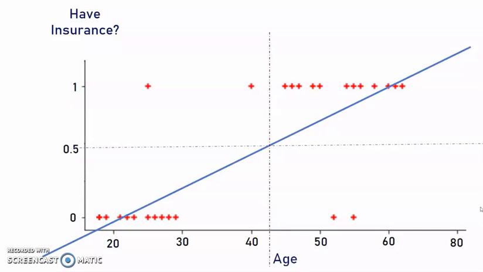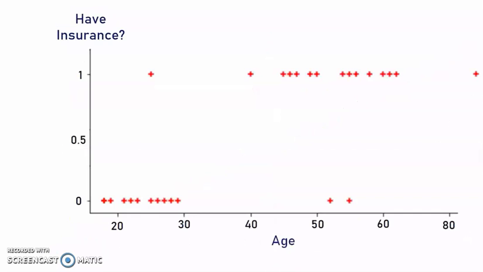Now imagine you have a data point which is far on the right hand side here. So say a customer whose age is more than 80 years, and let's say he bought your insurance. Then your scatter plot will look like this, and your linear equation might look like this.